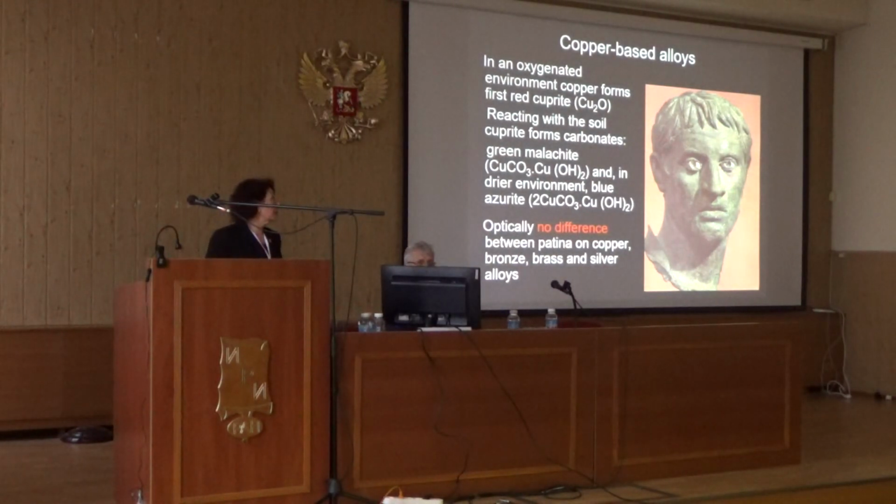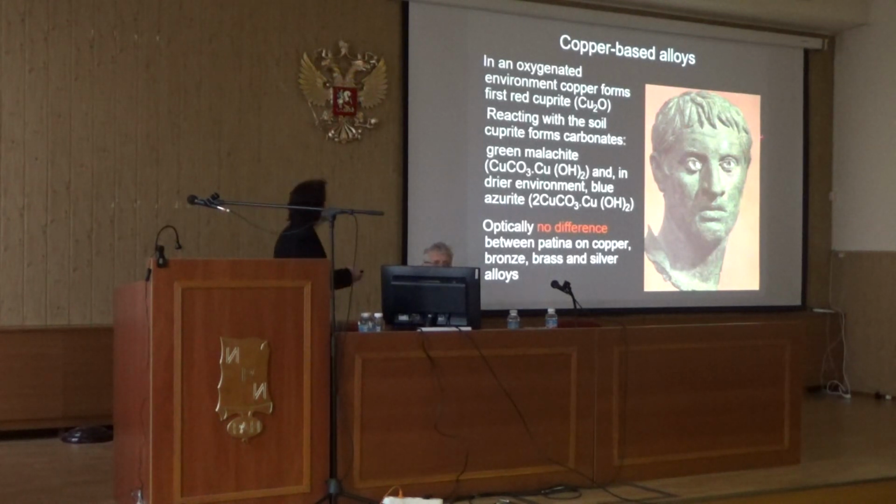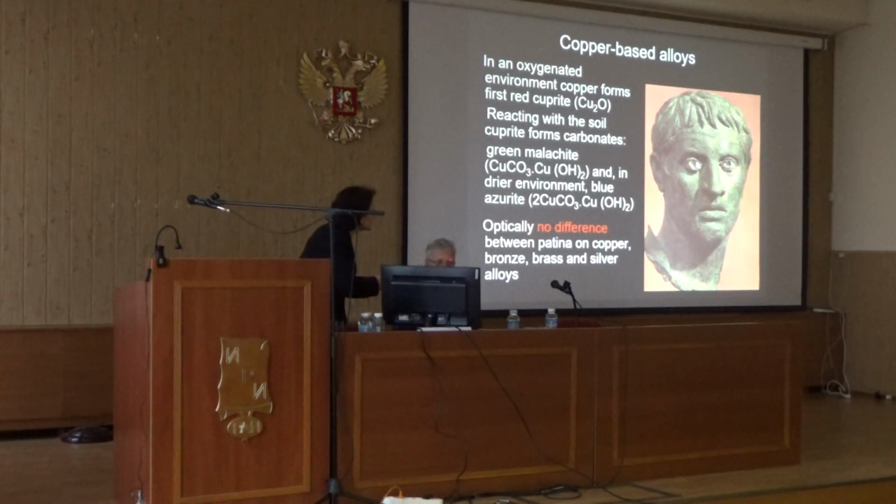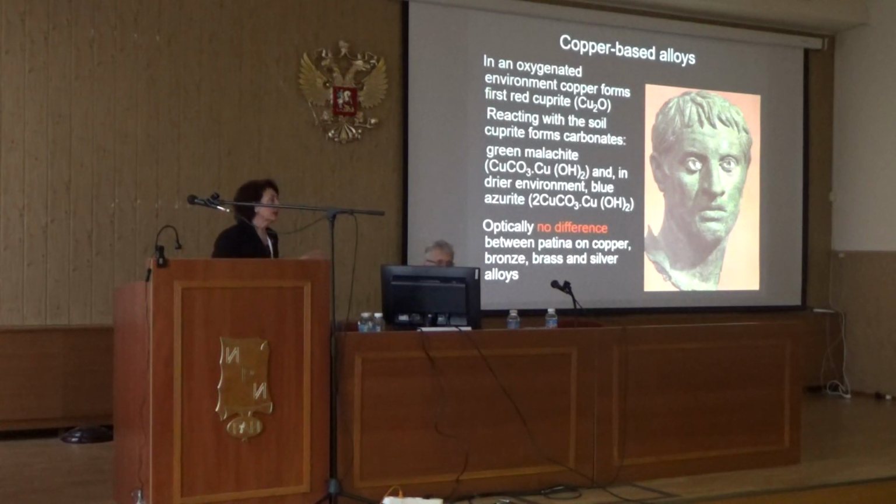What about copper-based alloys? Why do we have to look at copper-based alloys? Because in an oxygenated environment, and I mean in the soil, of course, in the earth, the first kind of alteration which forms is cuprite, the red one, which is an oxide.